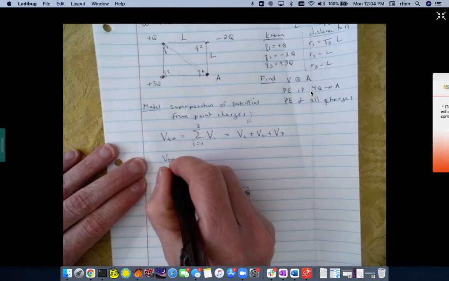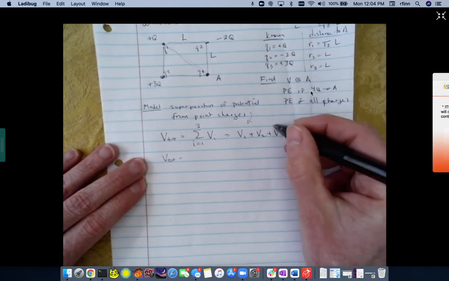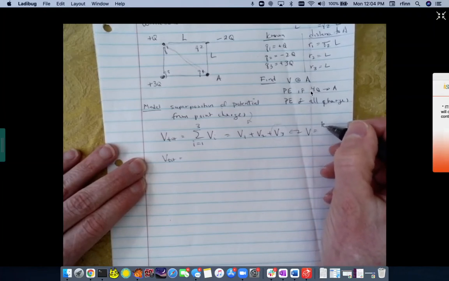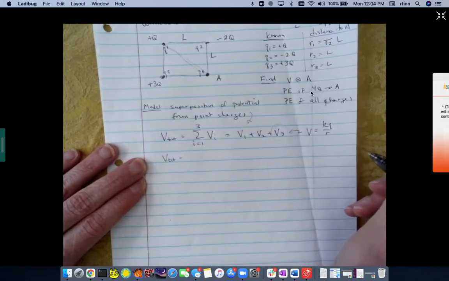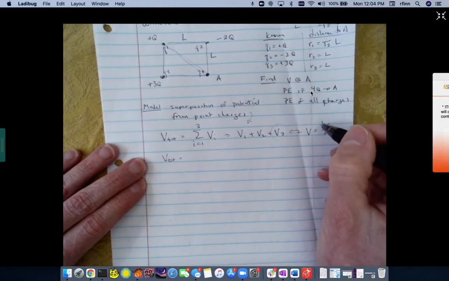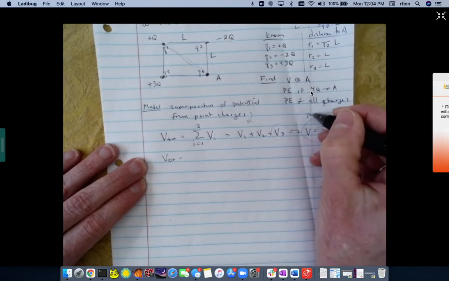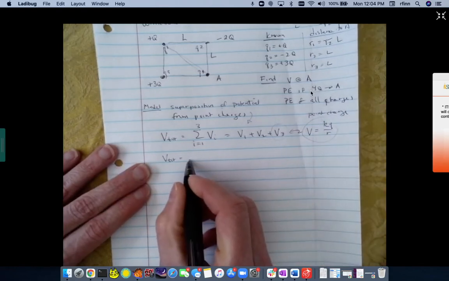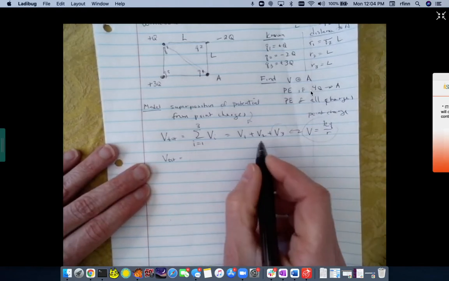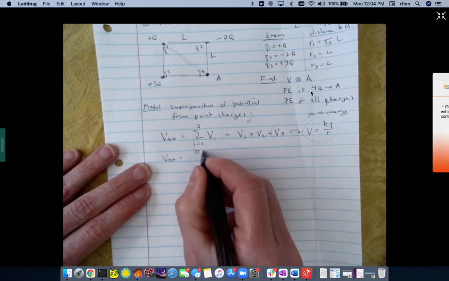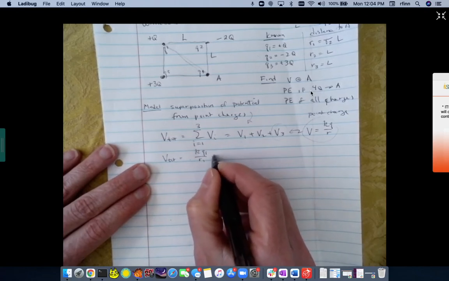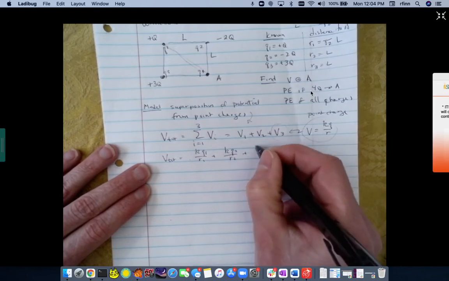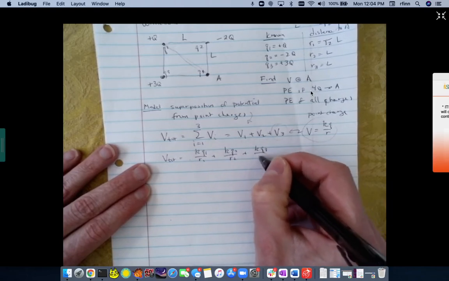We know for any point charge, potential is kq over r. So this is a point charge. Then we can just sum up our three potentials: kq1 over r1 plus kq2 over r2 plus kq3 over r3.